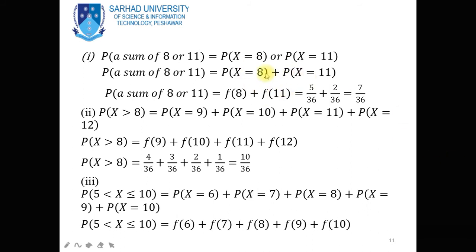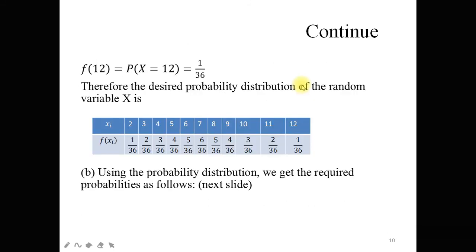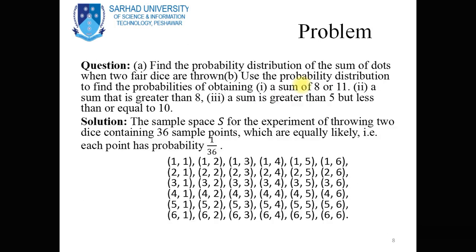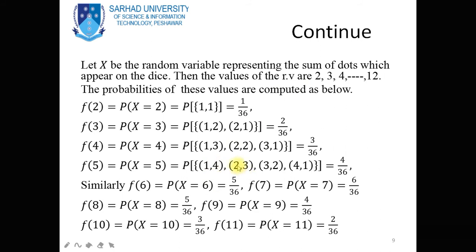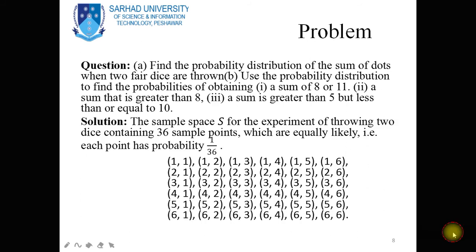In this case, you see over here, when the sum of darts is 8, we have 5 outcomes, like you see over here in the previous slides. When the sum of darts is equal to 8, we obtain (2,6), (3,5), (4,4), (5,3), and (6,2).